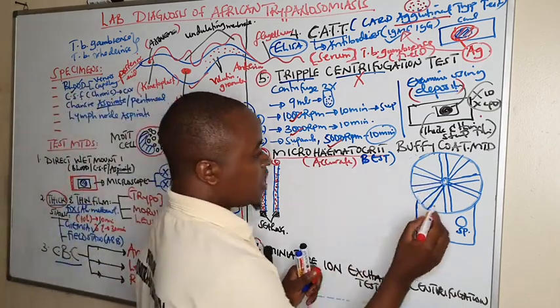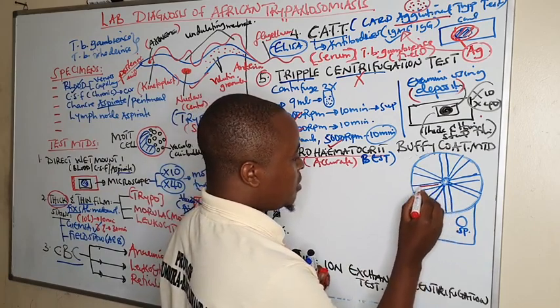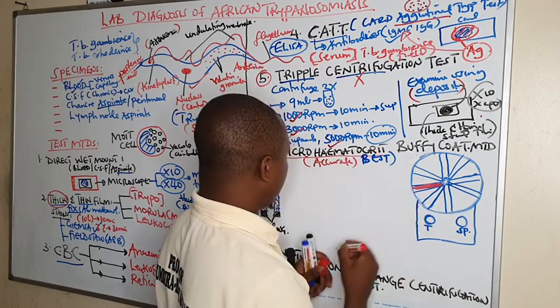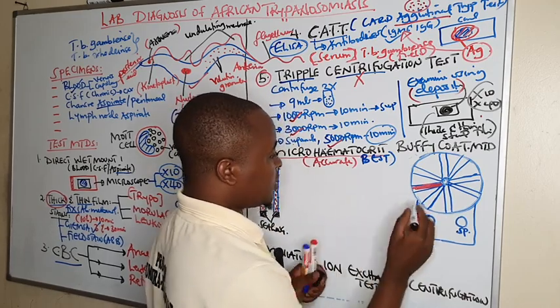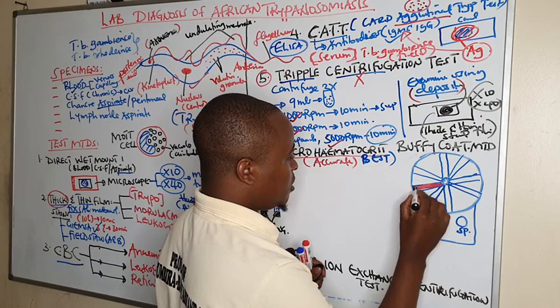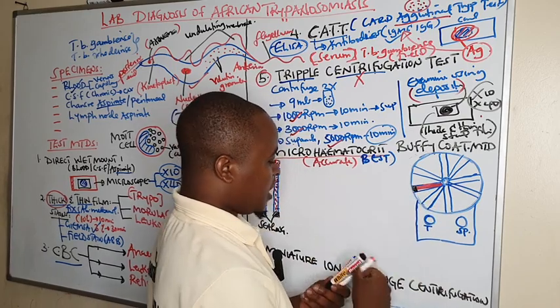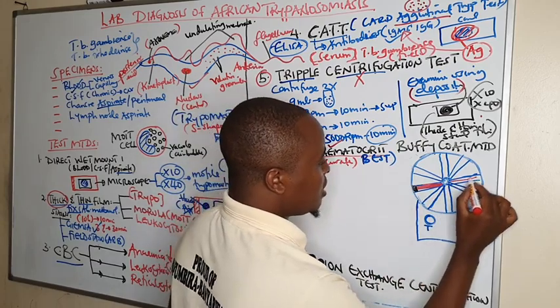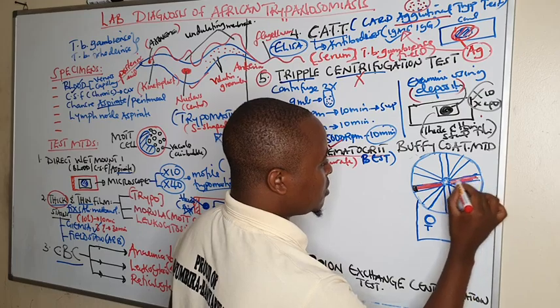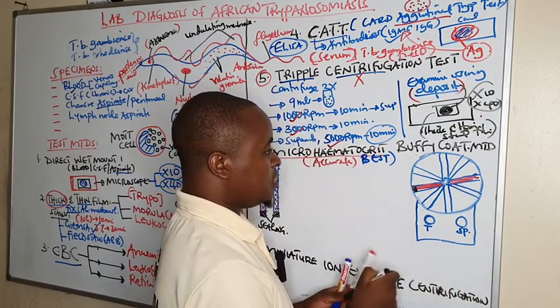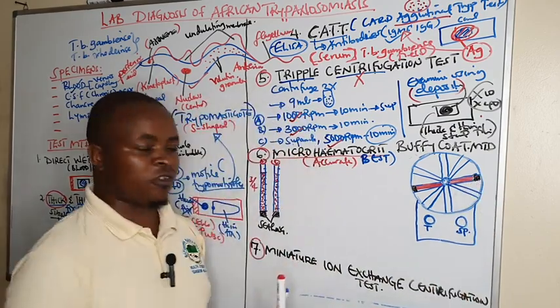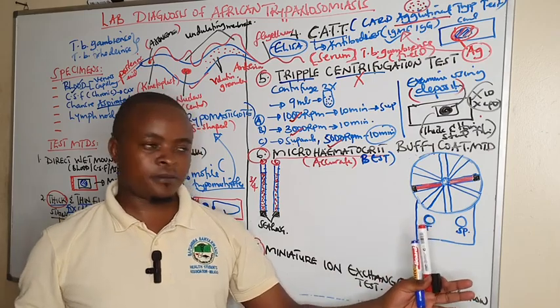So we orient one tube in this slot with the sealed end facing outward. This is the sealed end. We orient another one, because we filled 2, with the sealed end facing the periphery, because we are using centrifugal force, which is the outward pull.